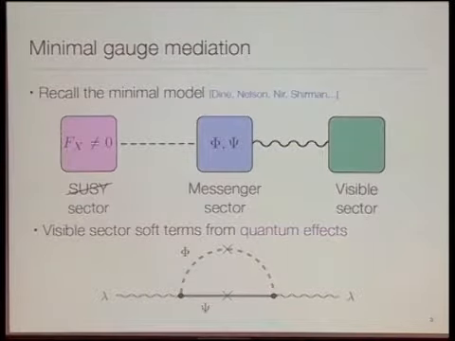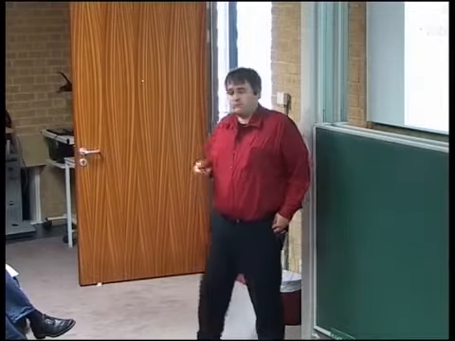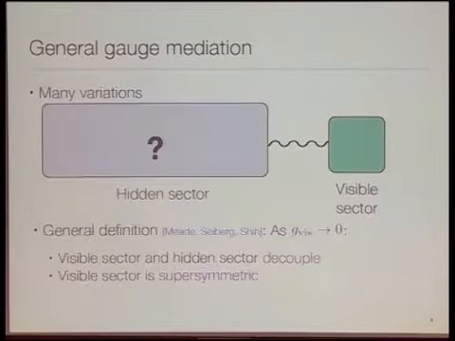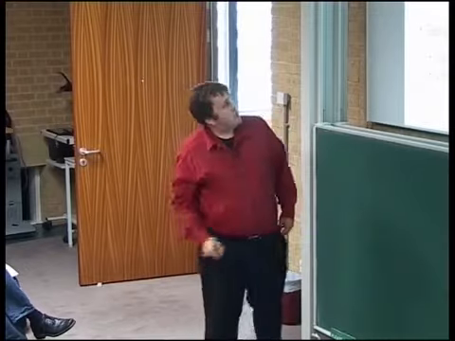And in this framework, soft terms in the visible sector arise from quantum effects. So for example, this is one of the famous diagrams that gives a gaugino mass. So here's a gaugino. This is the scalar partner of some messenger field, and this is the fermionic partner. However, there are more general things I can do.